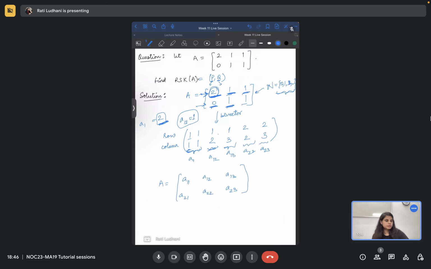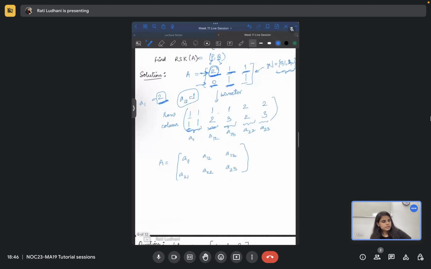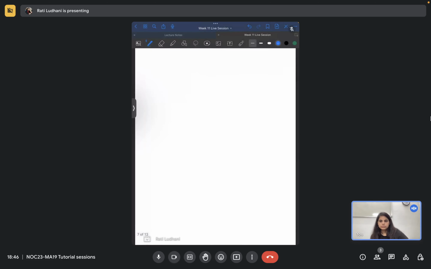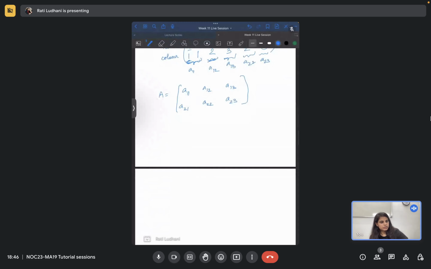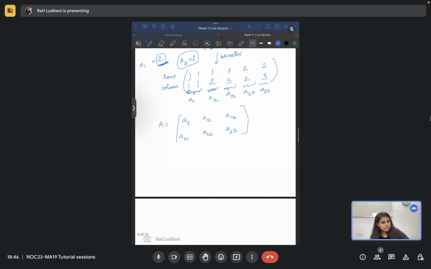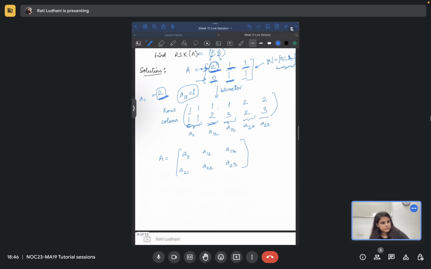Now, this is the first step. So now you know the bivector. Now what you need to do, I'll write the bivector on the next page maybe, because you need to see it again and again.